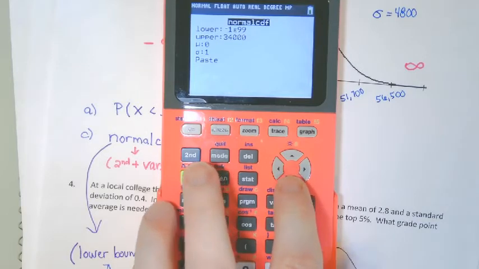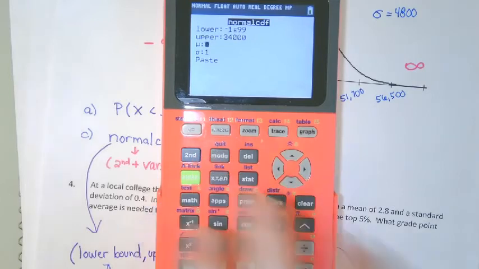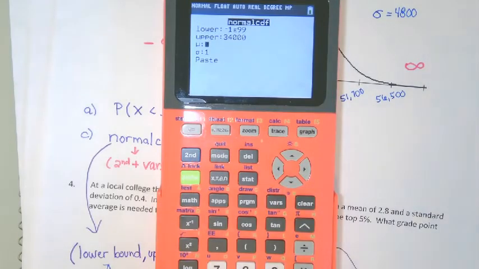If you have the blank open parentheses, you would just put another comma. So mu, our mean, we said was 42,100, comma, last standard deviation, which was 4,800.